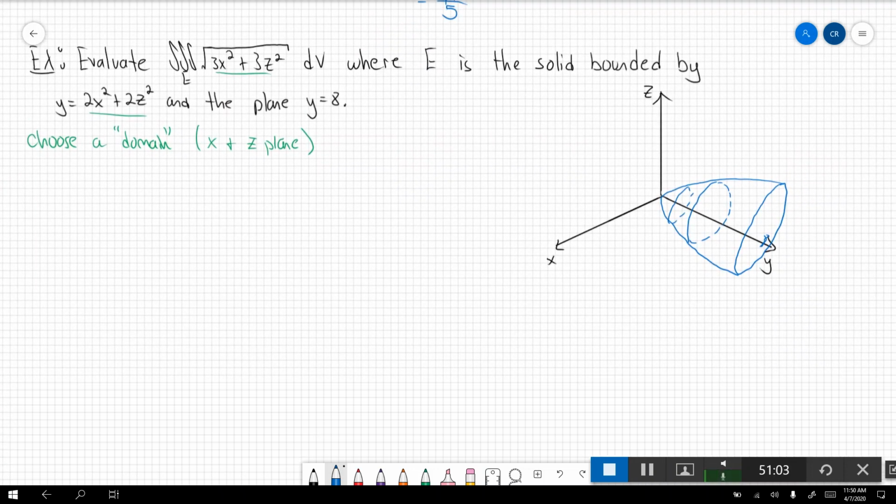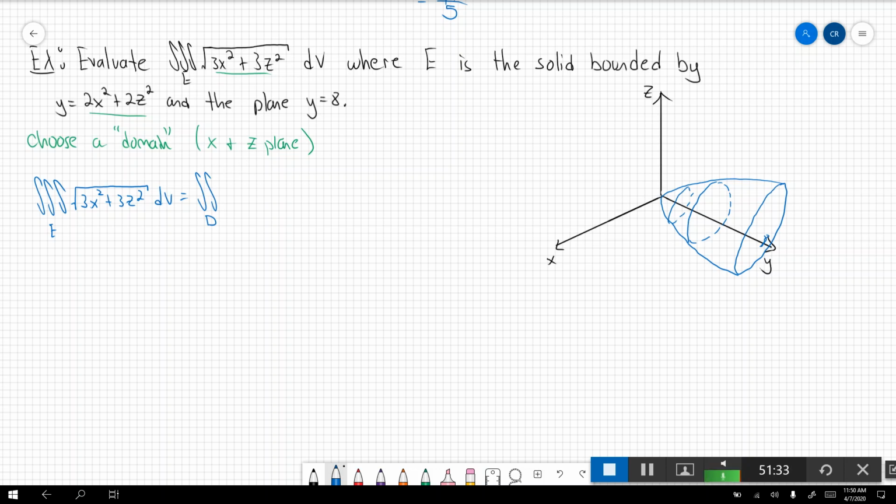When I'm setting up this triple integral, I'll rewrite this really quick: plus 3z squared, dV. I want to integrate this over some domain, and that domain is going to be in the xz plane.